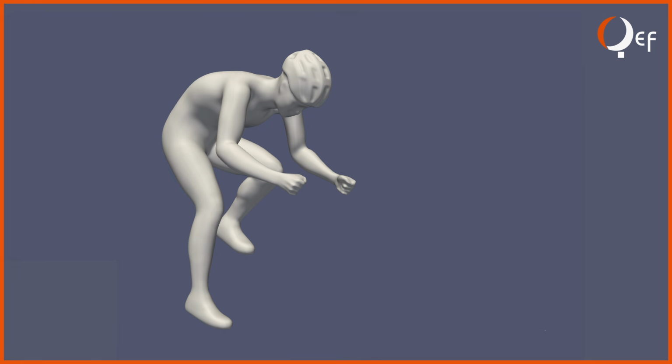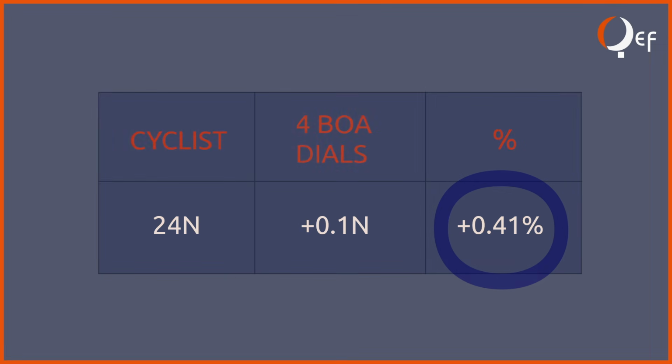Given that a cyclist riding at a speed of 50.4 kilometers per hour in an aerodynamic position, as the one in the image, generates a drag force of approximately 24 newtons, the impact of these four BOA dials is 0.41% of the total drag force.